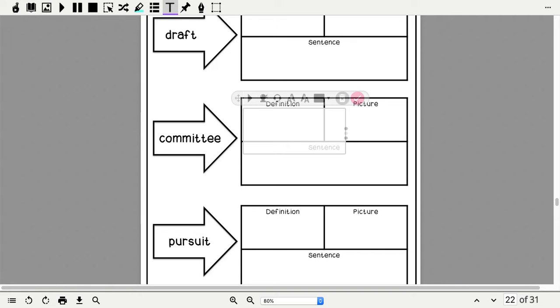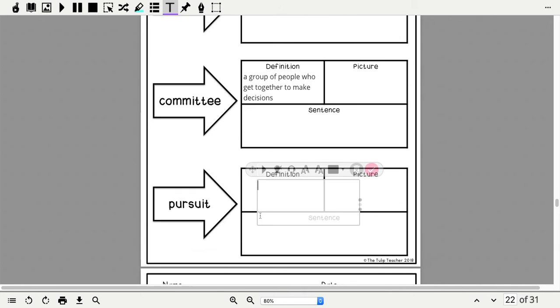Okay, a committee is a group of people who get together to make decisions, okay, or to make choices, hard choices.